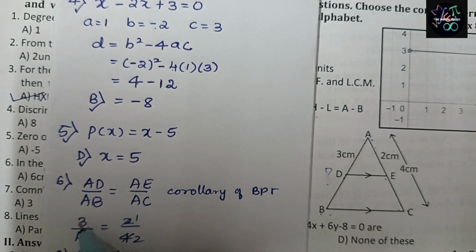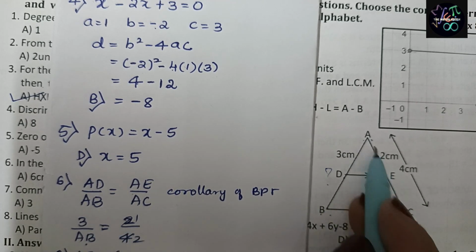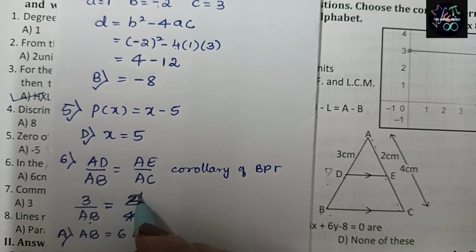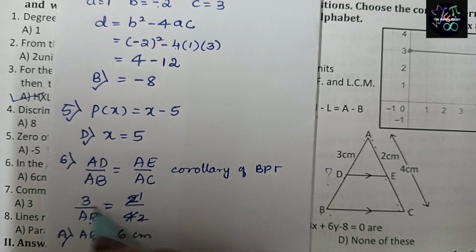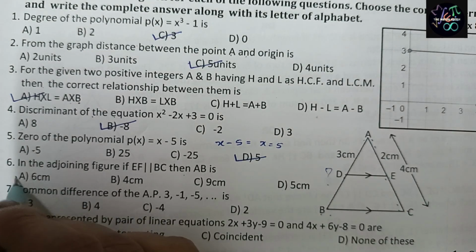So AD value is 3, AB they have told us to find, so kept as it is, equals AE value is 2 and AC value is 4 given. So 2 1s are 2, 2 2s are 4. Now AB into 1 is AB, 3 2s are 6. So the correct option is 6 centimeter. Here the answer A is 6 centimeter.